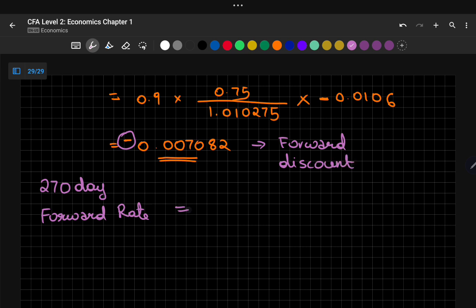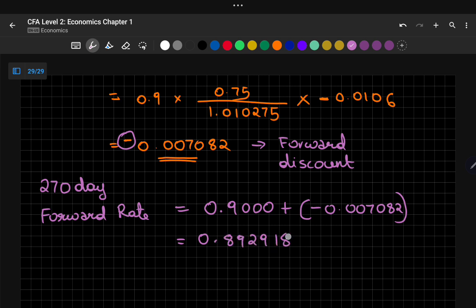So the 270-day forward rate is equal to, first the spot rate plus the forward discount, that is minus 0.007082, which would be equal to 0.892918, or I can write it as 0.8929.